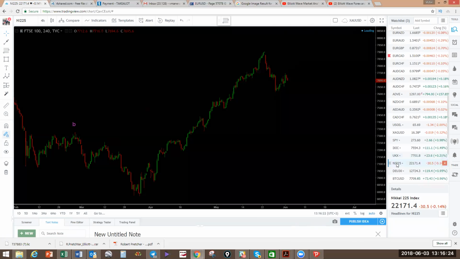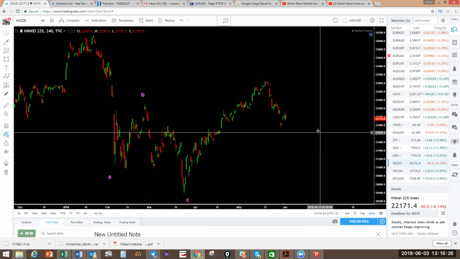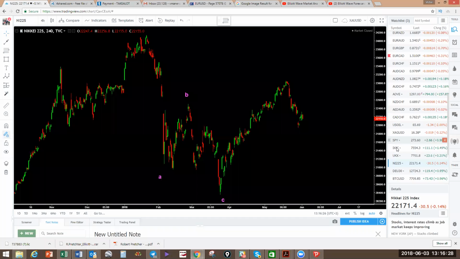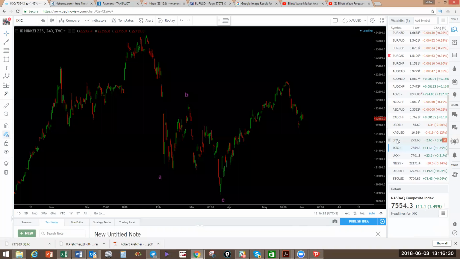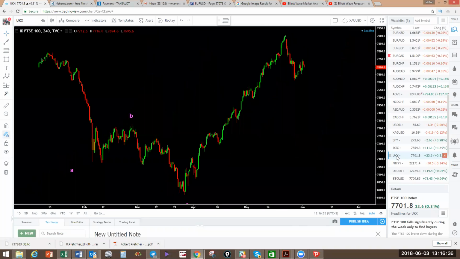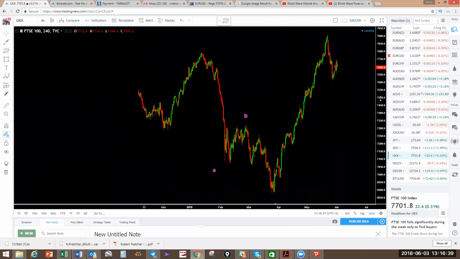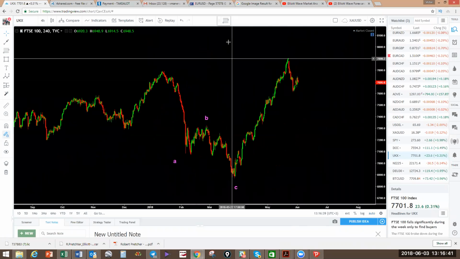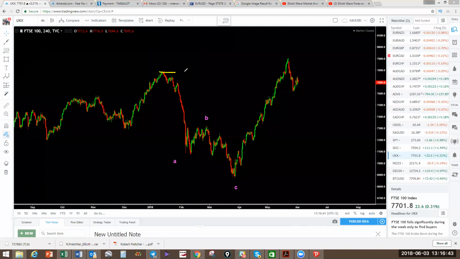And the Nikkei, similar to the UK 100. Where's my UK 100? The UK 100 is ahead of the Nikkei in that this one tested the top here. This is exactly the same top as you find on the Nikkei.